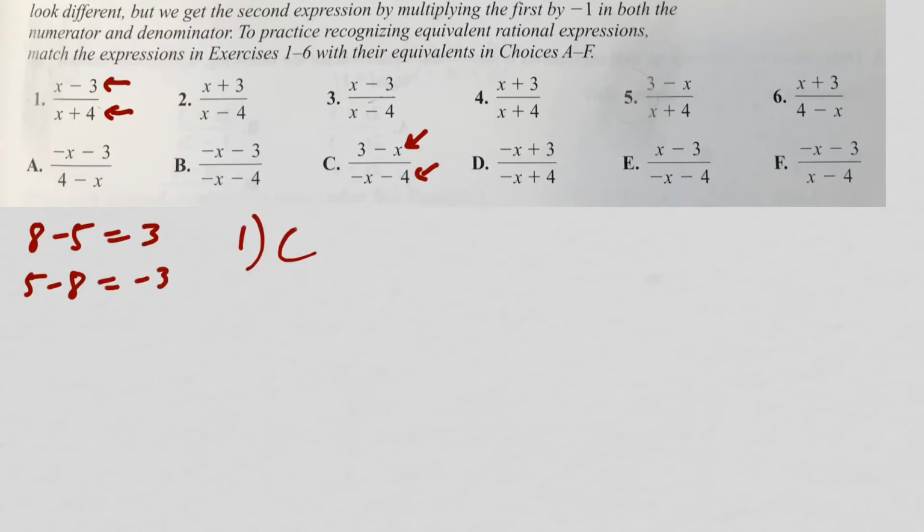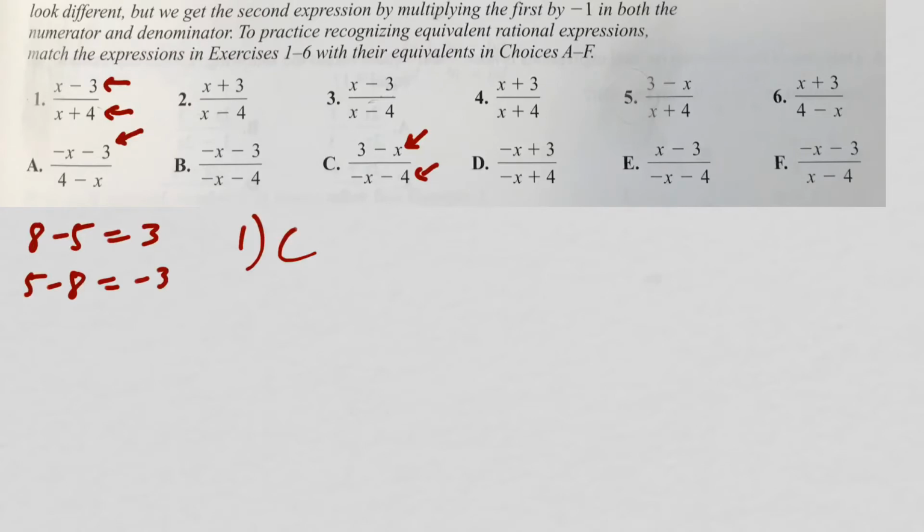Number 2, you have an x plus 3 on the top. Let's see. Okay, so here you have the opposite on top because that's a negative x. Oh, wait a minute.